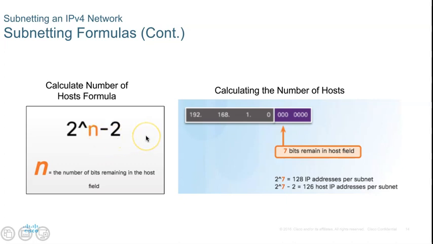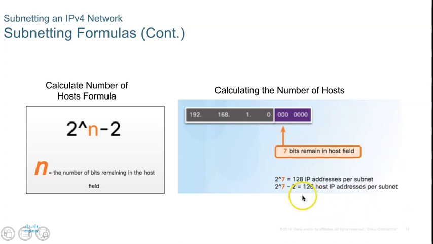Why is that? Because the rule says the host IP can never be all zeros and can never be all 1s. And as you're going to see, when you borrow a bit and you start creating the network, the first IP has its host bits all 0 and the last has them all 1. So as a result, you cannot have the first one or the last one.